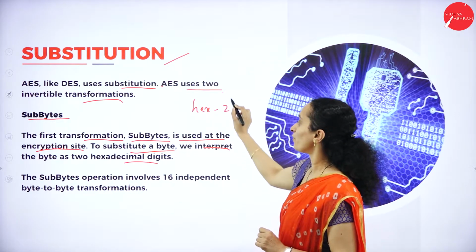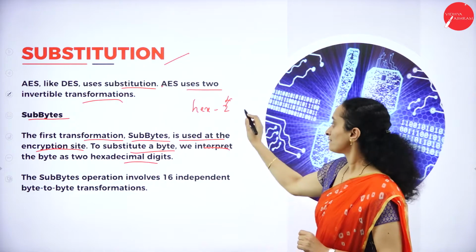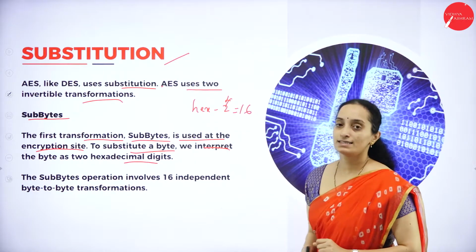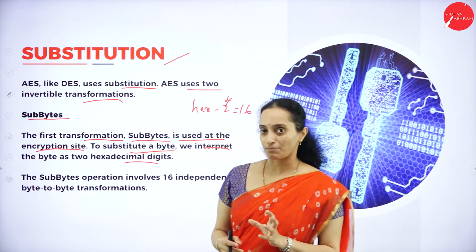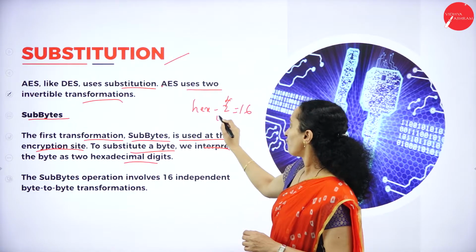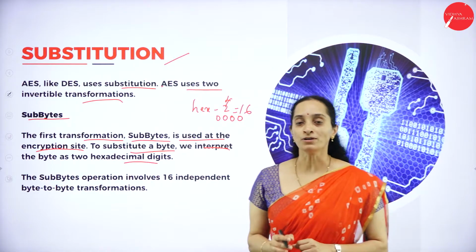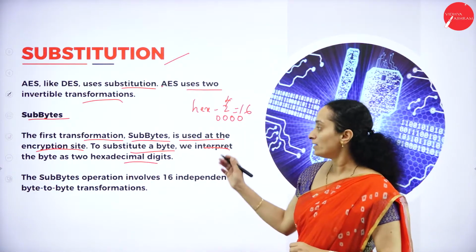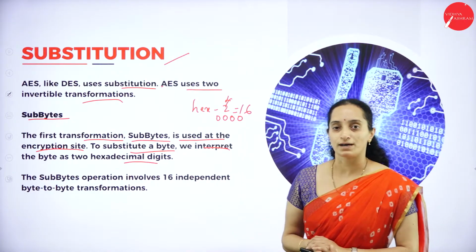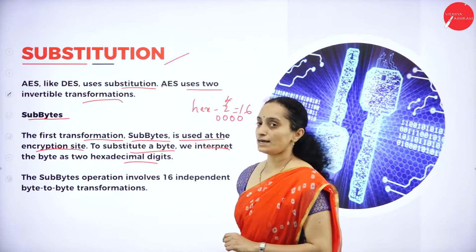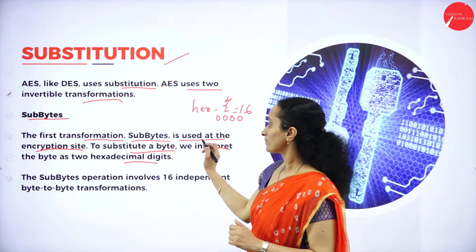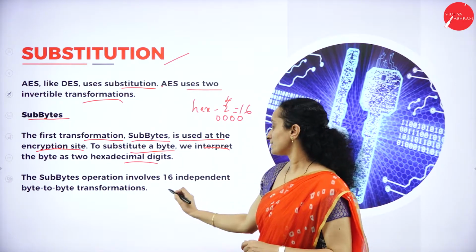It is 2 to the power of 4, that is 16, isn't it? We have 16 numbers, that means 4 bits are carried out for a hexadecimal number.